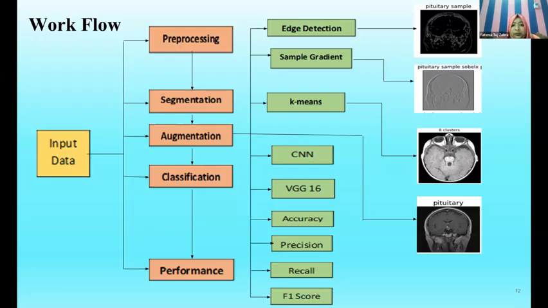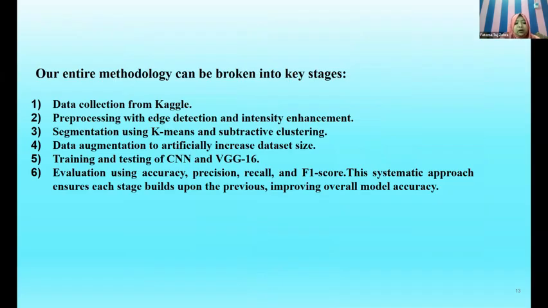We will learn about the details in our next part. So our entire methodology can be broken into six different stages. We have collected data from Kaggle, where we got three datasets.